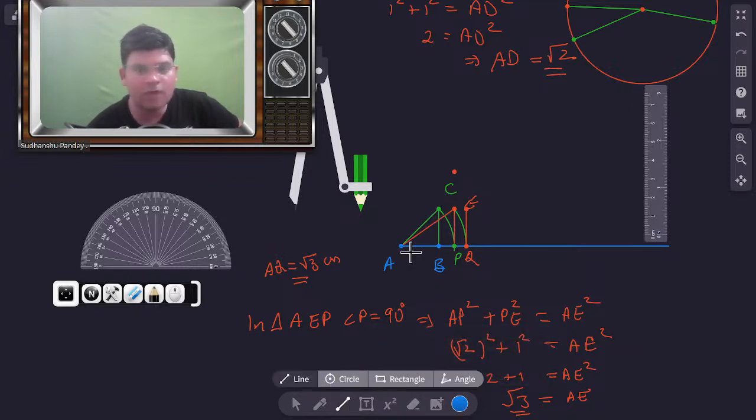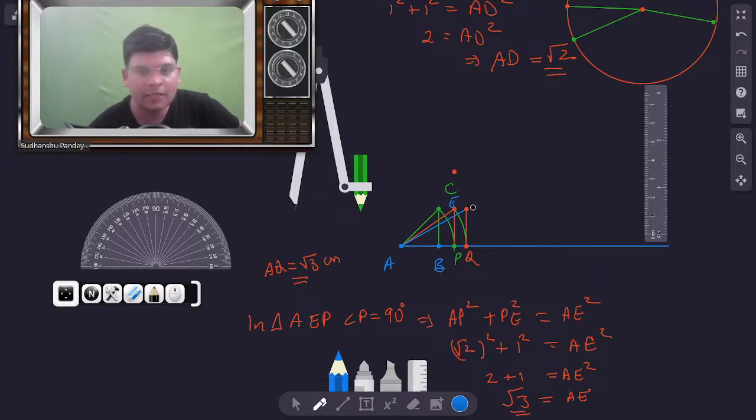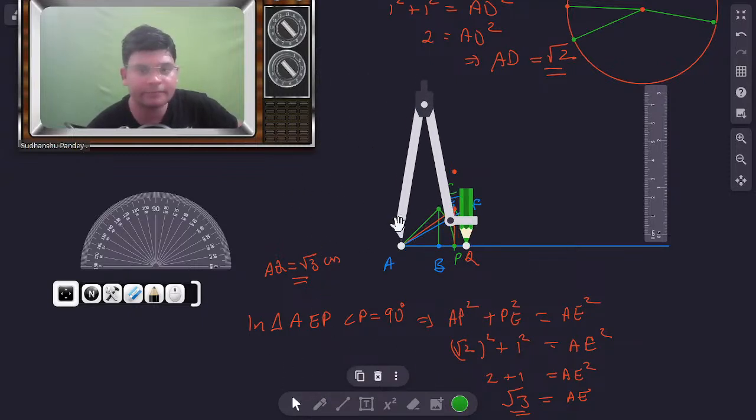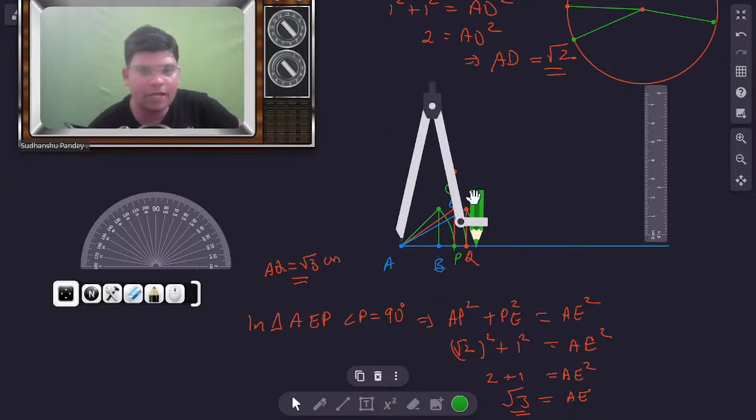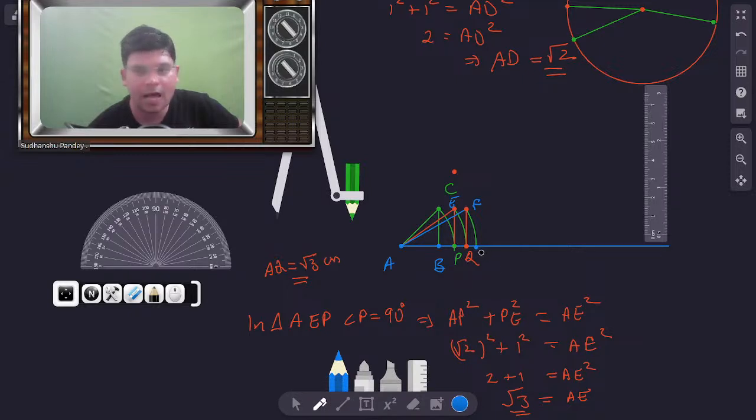Suppose the new point is F. This is E and this is F. And again if I mark AF as a radius and draw an arc to cut the previous line at, suppose, R. So how much will AR be equal to? AR will be equal to under root of 4, which is equal to 2 centimeter.